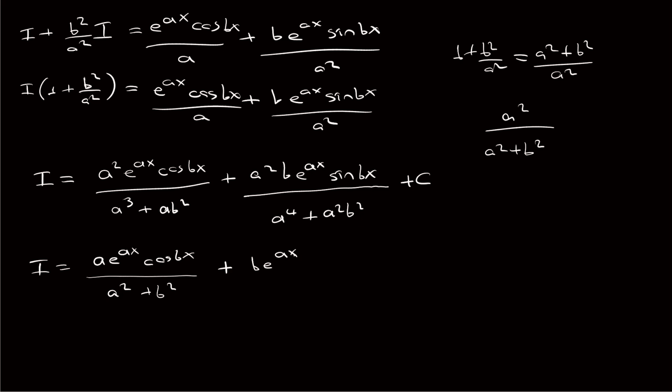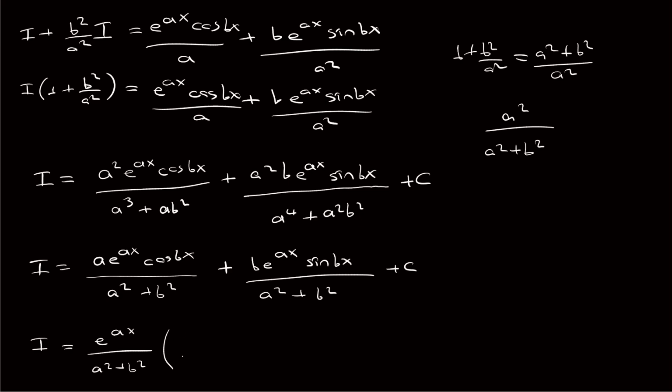B e to the ax sine bx over a squared plus b squared plus c. And this can be written as e to the ax over a squared plus b squared by a cosine of bx plus b sine of bx.